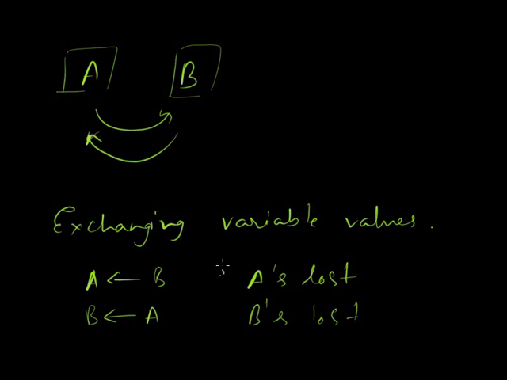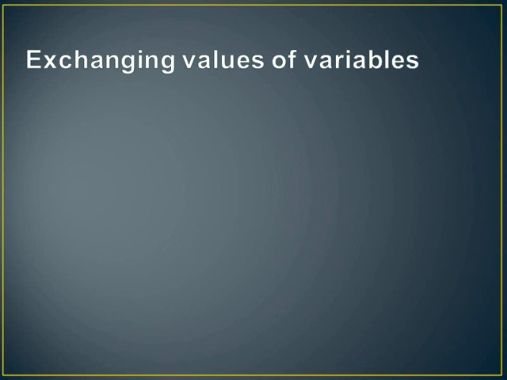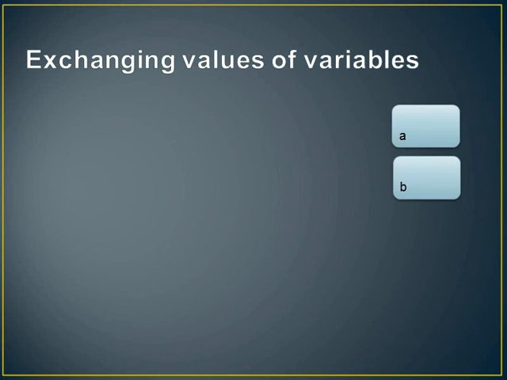The simple solution is to use a temporary variable. The following animation shows how to use a temporary variable. We have two variables, a and b. Let's say we have the value 9 in a and the value 5 in b, and we take a temporary variable.